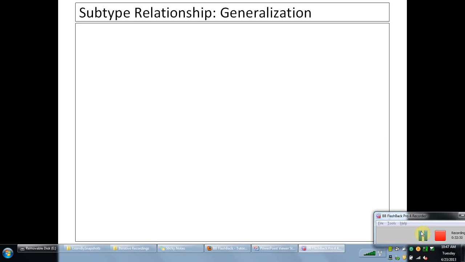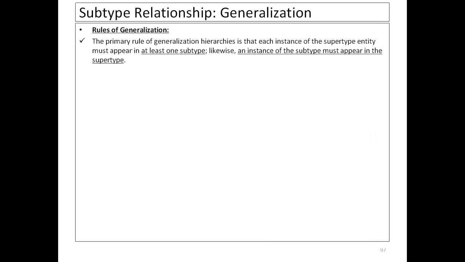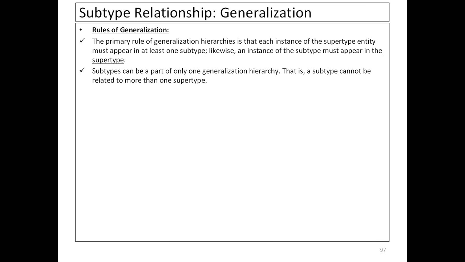So for the subtype relationship, that is generalization, let us see the rules of generalization. The primary rule is that each instance of the supertype entity must appear in at least one subtype. Likewise, an instance of the subtype must appear in the supertype.